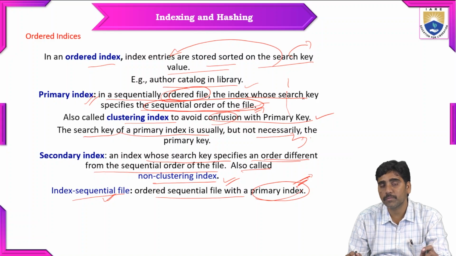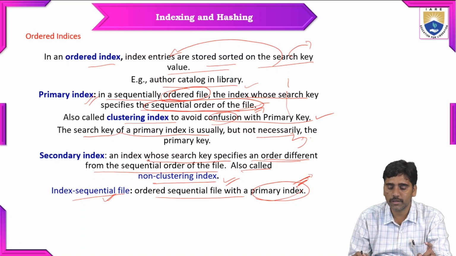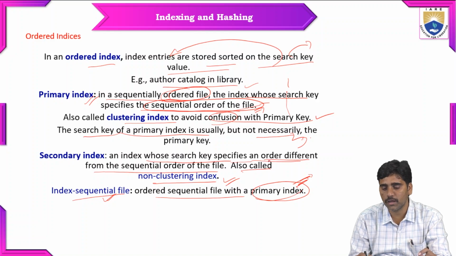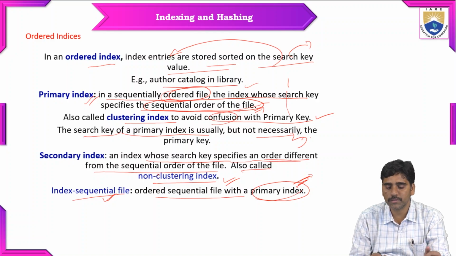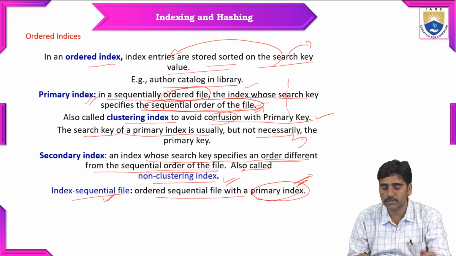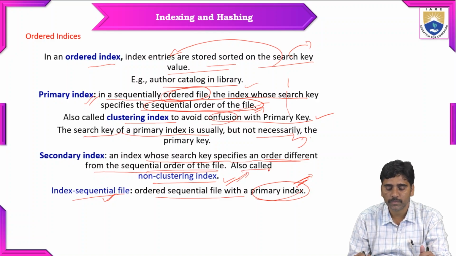The secondary index, whose search key specifies an order different from the sequential order of the file, is called a non-clustered index or secondary index, which is different from the primary index.